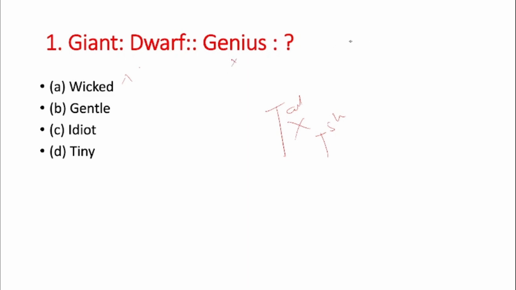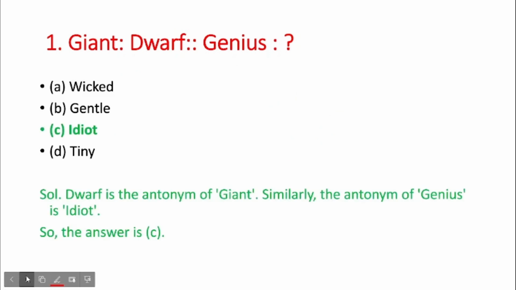Genius means a person with good knowledge. Opposite to genius would be weak, gentle, idiot, tiny. Idiot means a senseless person, so idiot is the answer. Dwarf is the antonym of giant. Similarly, the antonym of genius is idiot.